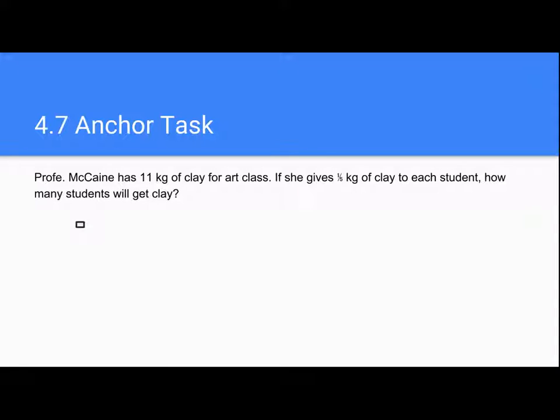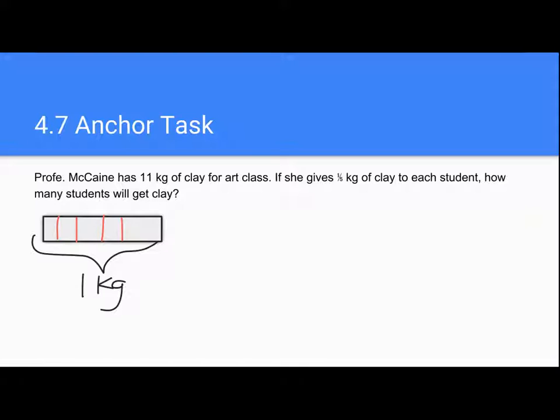If I draw one bar, I'm going to say that this one bar represents 1 kilogram. We know that she's giving 1/5 of a kilogram to each student. What I need to do is divide this kilogram into fifths. 1, 2, 3, 4.